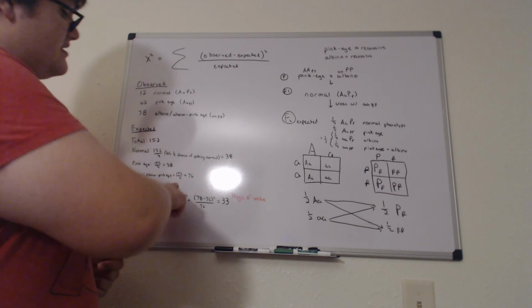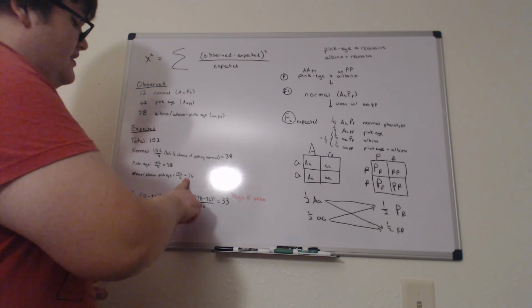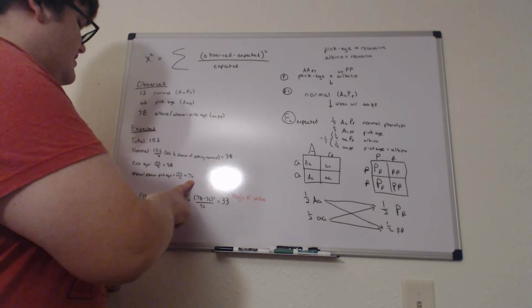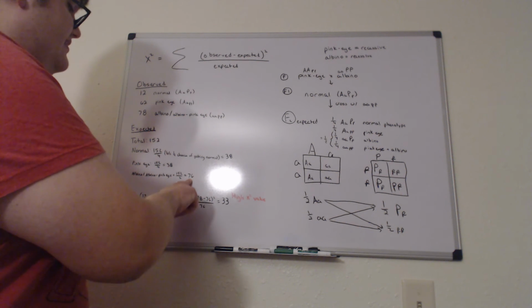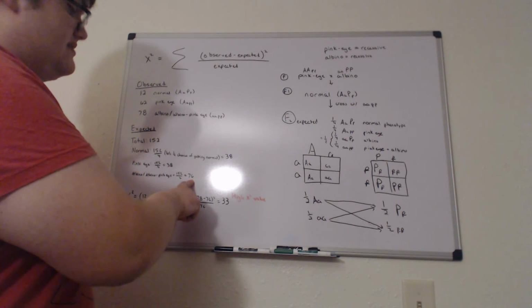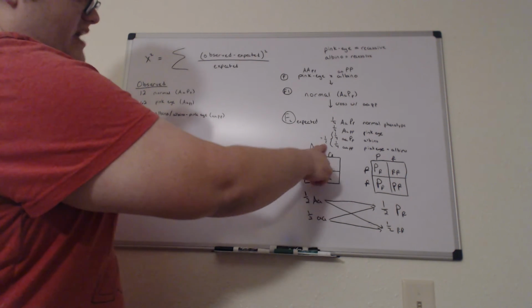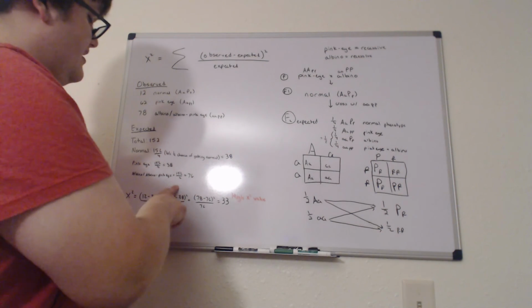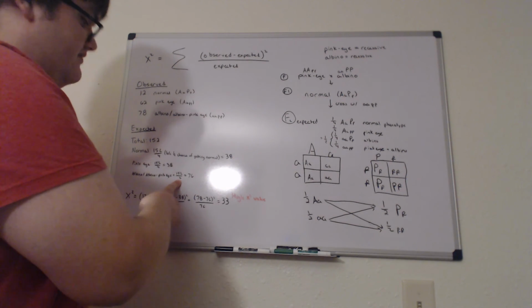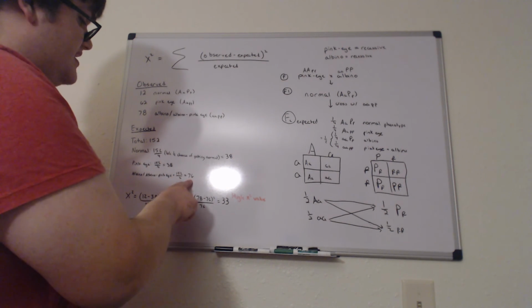So we have 152 over 2, which equals 76 individuals. And that's going to be the chance of getting an albino or an albino pink eye. Again, we took the 1/2 here, since we had to combine these, multiplied it by 152, or we divided 152 by 2 to get 76.